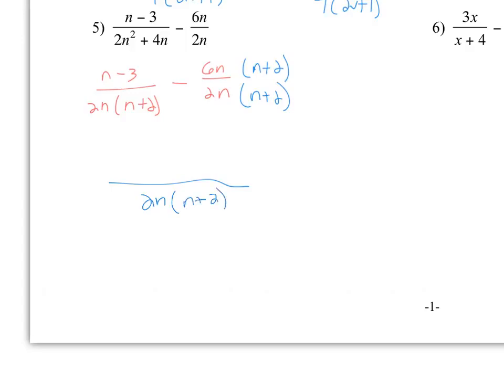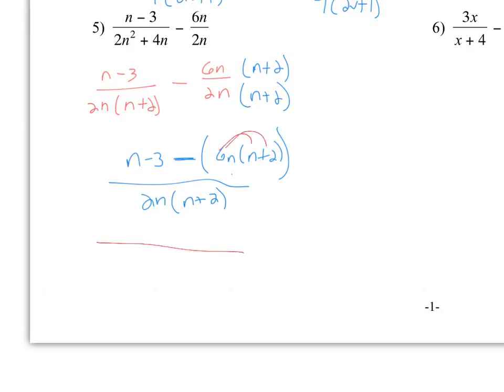Then I've got n minus 3 minus, and I have to subtract 6n times n plus 2. This is where people tend to get messed up on assessments: not only do I have to distribute this 6n to both of those, everything in here becomes the opposite sign because I'm essentially taking away that stuff.